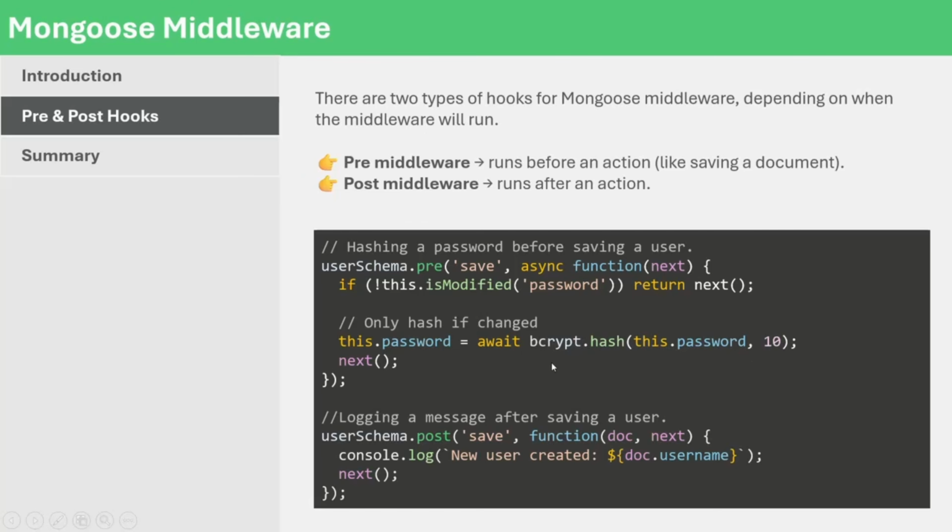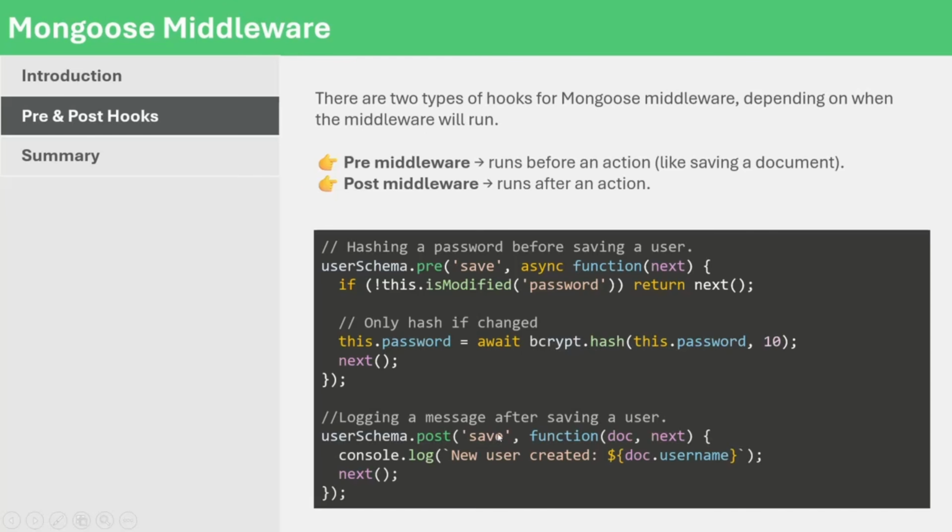But if we want to execute some logic after the document has been saved in the database, we can use a post-hook. And to create a post-hook on the schema, we use the post method. And as the first argument, we specify the event name. Here again, I'm taking an example of the save operation, but here we can also create a query middleware.